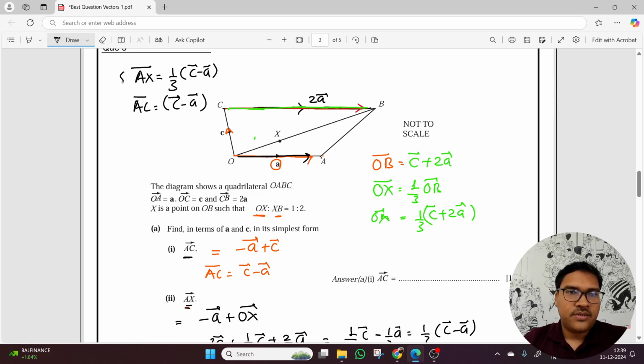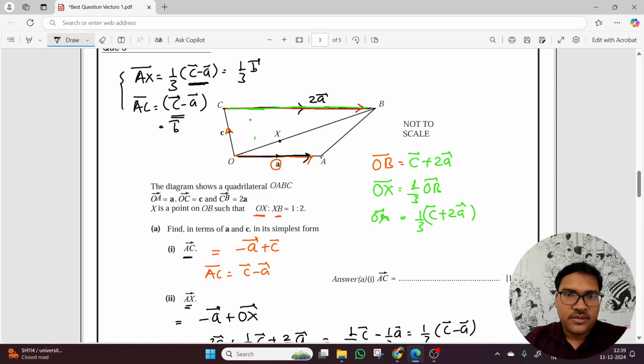Now, if you just see here, you can see both the vectors. Both the vectors are different in only magnitude. If I say this is some vector B, then this is 1/3 of B vector and this is B vector only. So can I say the difference between AX vector and AC vector is of only magnitude, but their directions are same.